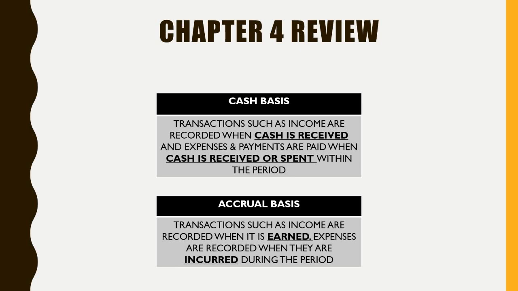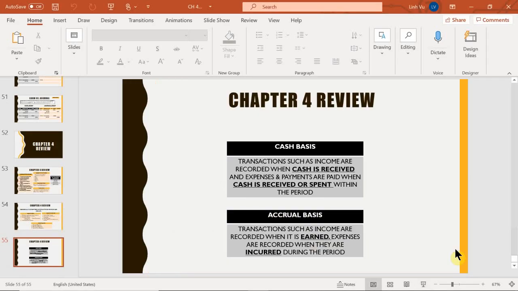The expense is recorded when it has been incurred, whether it's a service or something you purchased, it has been completed, you've been billed for it, and it's been done. So that's the difference between cash and accrual basis.